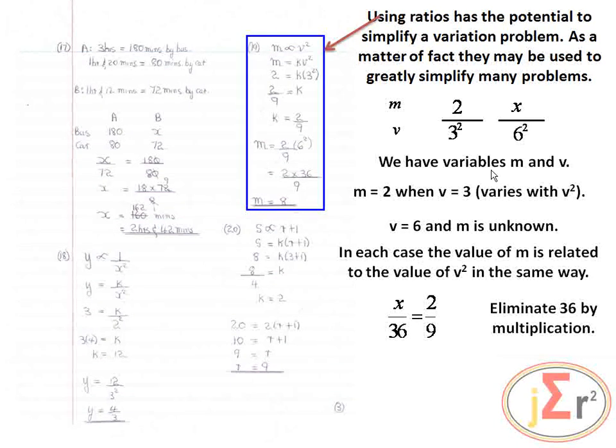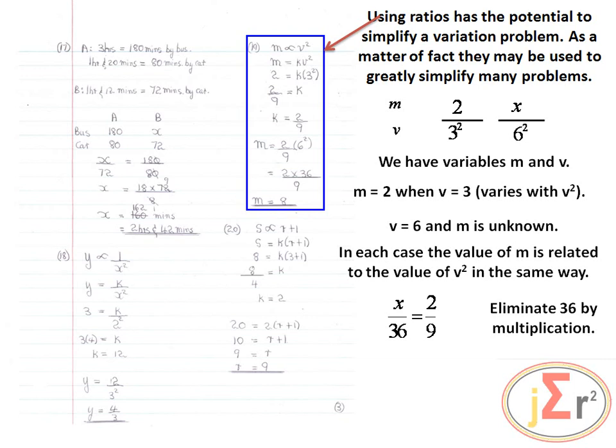So there is our equation, x over 6 squared, and do not forget 6 squared is 36, and 2 over 3 squared is equal to 9. We eliminate 36 by multiplication, because we have x that we need to find, and it is being divided by 36 on the left hand side. Therefore, we need to multiply on that left hand side by 36 in order to eliminate 36 from the denominator. But we cannot do that to one side of an equation.